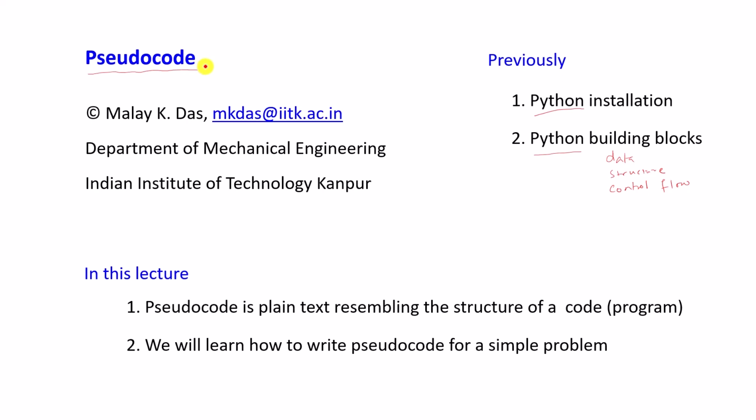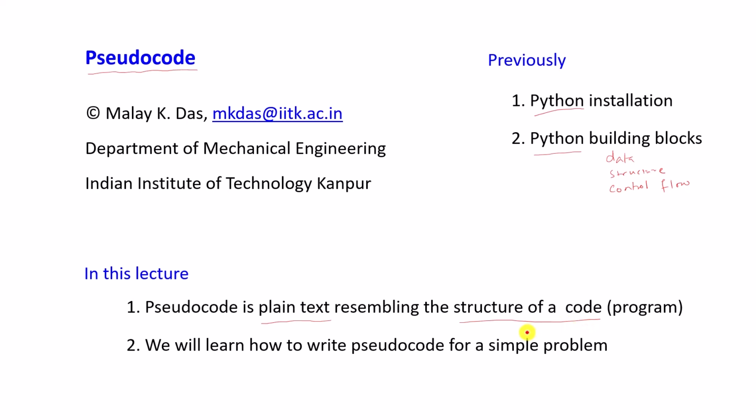When we write pseudocode, as you will see quickly, we focus on the problem at hand, we focus on how to solve it, we focus on how to properly instruct a machine to solve it, and we don't go deep into language-specific features. So essentially, pseudocode is plain text which has the structure of a code, but it is not a code.